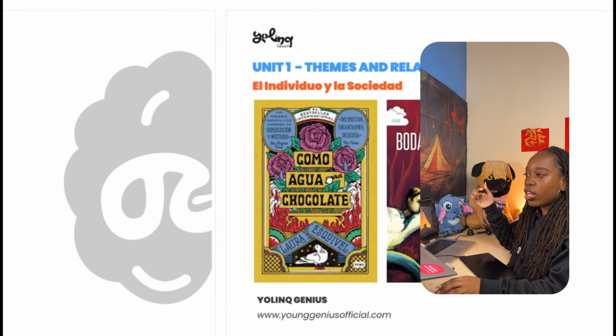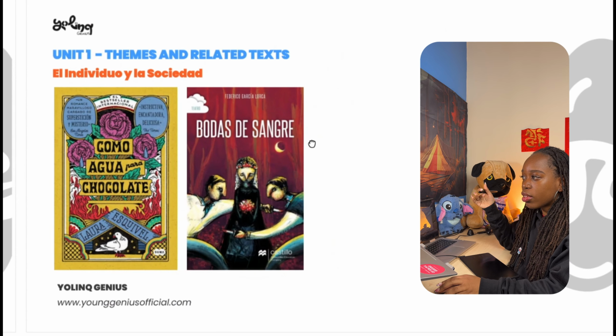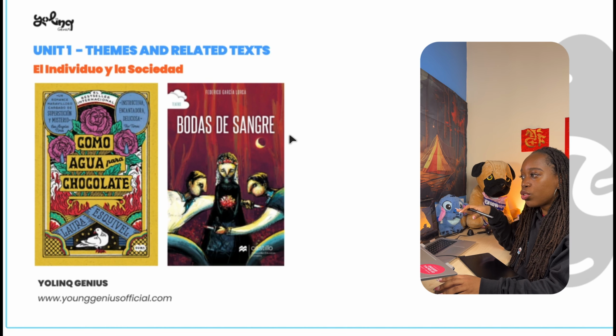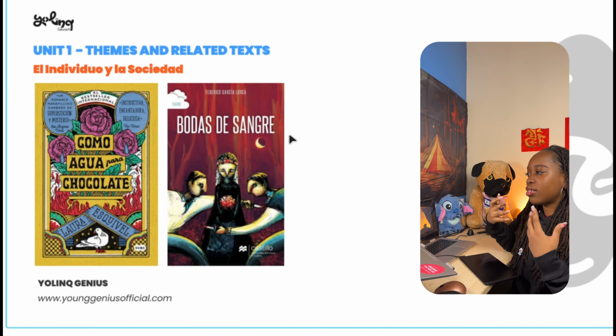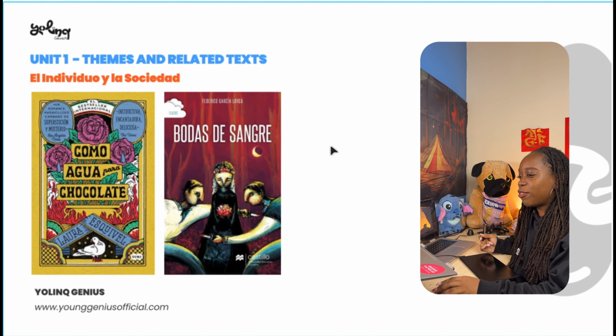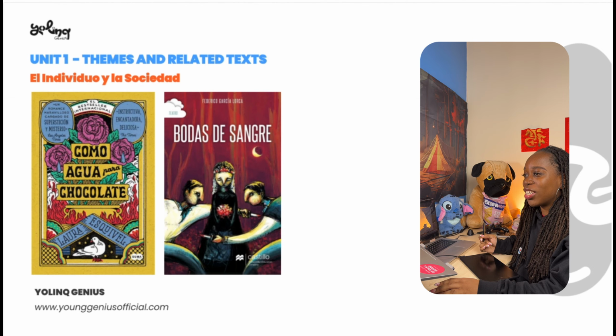The second theme in unit 1 is El Individuo y la Sociedad, that's like the individual and the society. I'm very sorry if I'm not giving you direct machine translations.